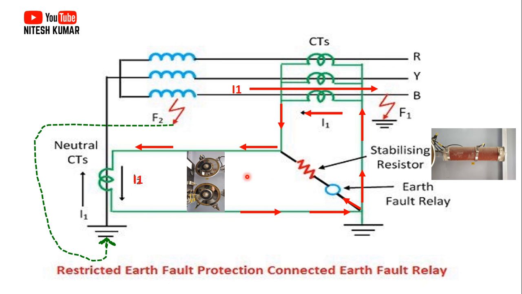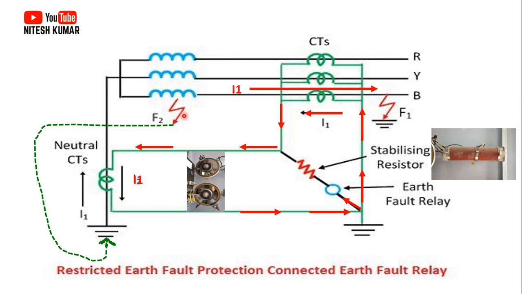One more thing: what is the use of this metrosil we have connected in parallel with this CT secondary? Just consider the case of a heavy inside fault. Suppose an earth fault occurred in the winding which is in the restricted area.